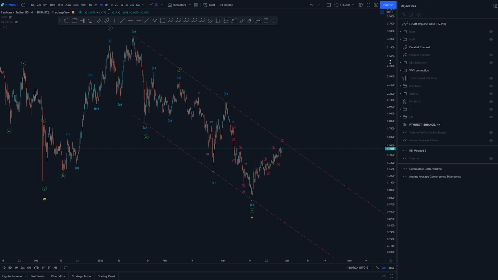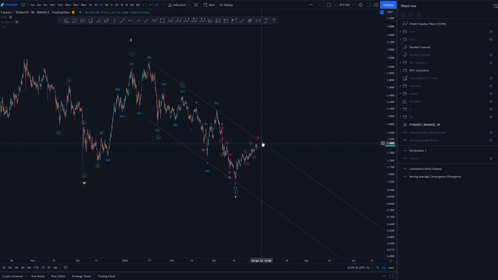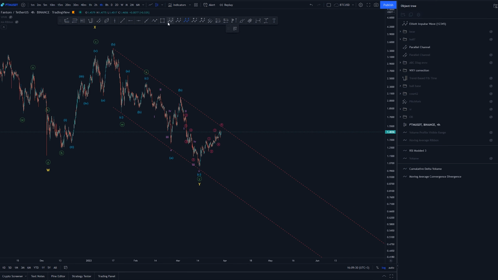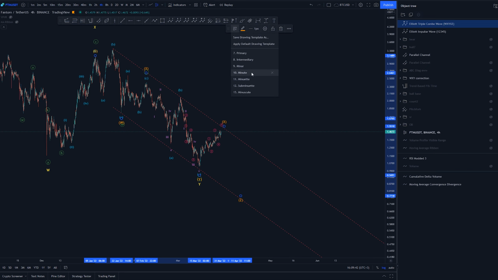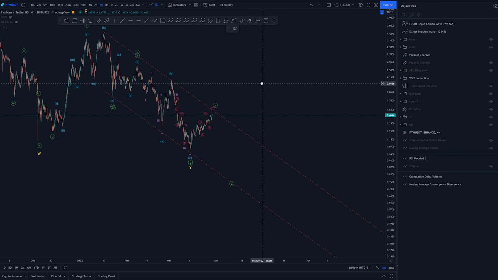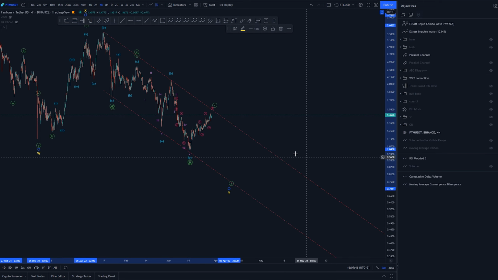And again, if we are to correct here around this area, this would more than likely create this scenario where we have W, X, Y, X, Z, and this would be minute scale, and then we would just move this Y here.